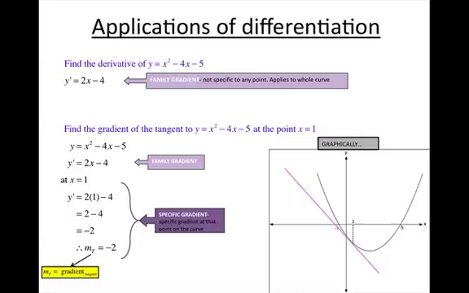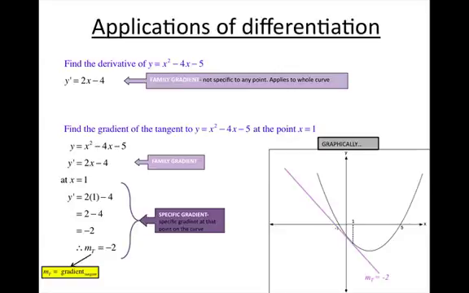So there is the tangent to the curve at x equals 1, and the gradient of that is going to be minus 2, exactly like we just worked out, which makes sense because it's a negative gradient, it's a little bit steeper. It all makes perfect sense if you actually look at graphically and algebraically. Now, it's not essential that you go about doing that graphically. I've just done it for you here to make it a little easier to understand.